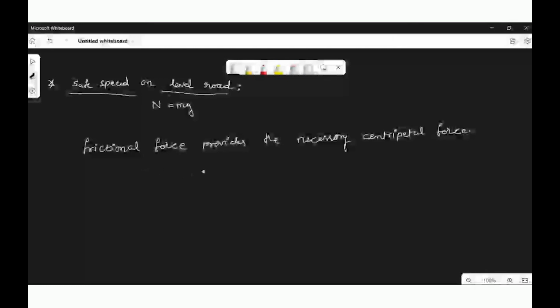What is the expression for centripetal force? It is mv square by r. It should be less than or equal to the frictional force, where small f is the frictional force. Here I should tell you a few points. What is the expression for the maximum frictional force?